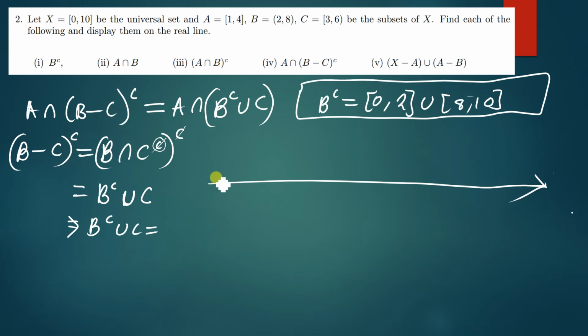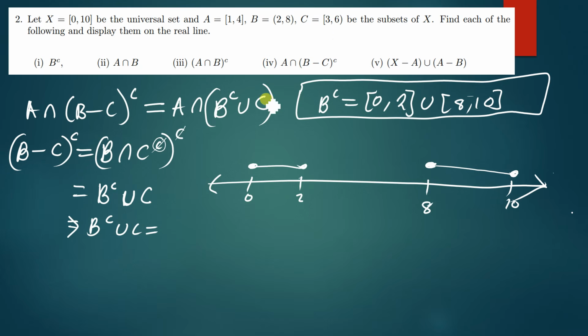I'll do the same and draw the number line. My B complement is starting from 0 up to 2, and also from 8 to 10. So this is my B complement. Then we also need to put C on this same number line.